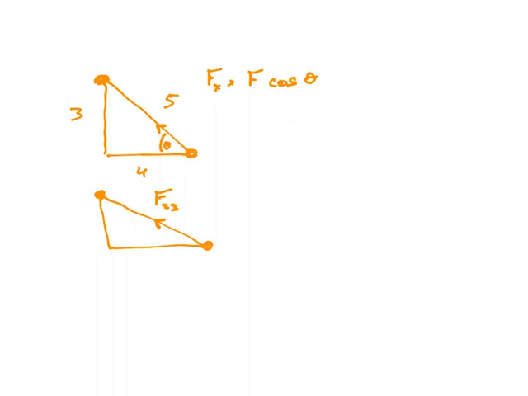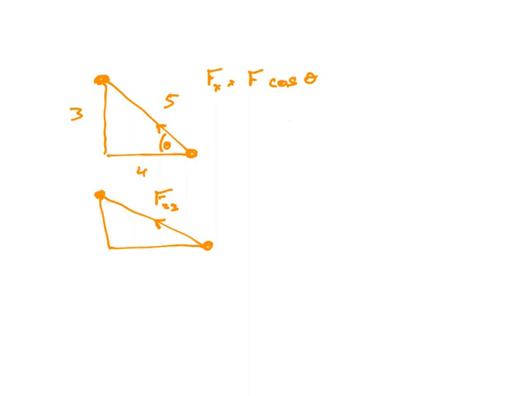Well, these two triangles are the same triangle, but their sides have different lengths. F23 is not 5. 5 is the distance only. But I could draw a triangle for the distances, and I could draw a triangle for the force, and they're similar triangles. If you have similar triangles, the ratio of sides of one triangle is the same as the ratio of sides of the other.